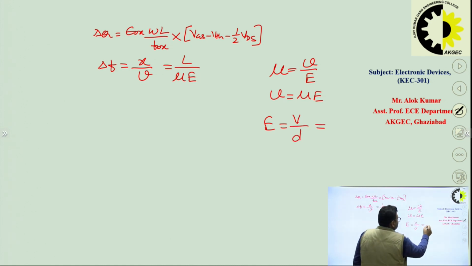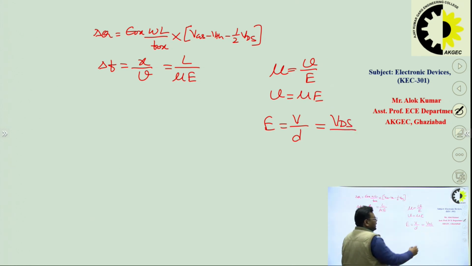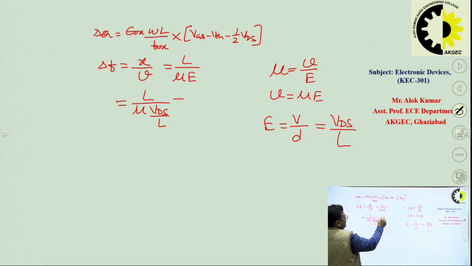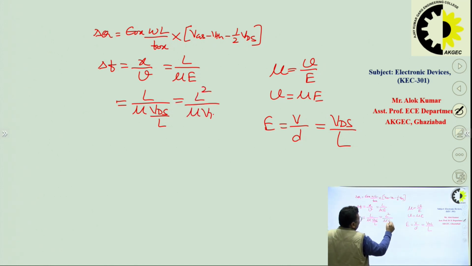So the voltage here should be VDS and the distance should be L. So we can replace E by VDS upon L. So in this equation we can write L upon mu into VDS upon L. So it will be L square divided by mu into VDS, right? So this will be the value of delta T.